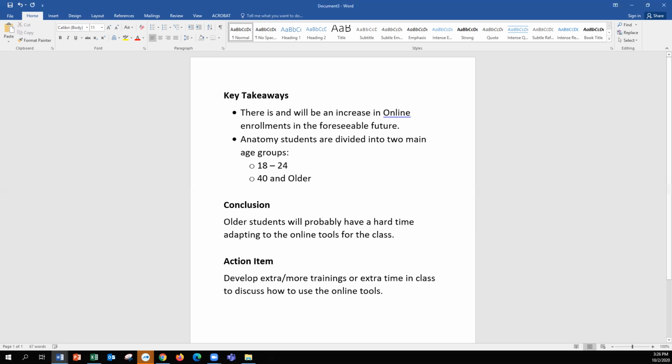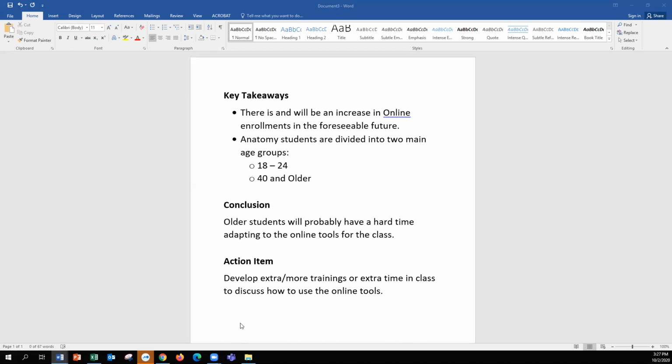But then he also has another idea. If he knows that his younger students are not having such a hard time with the online tools, why doesn't he get the younger students to work together with the older students, such that the younger students can help the older students understand how to use these tools better?